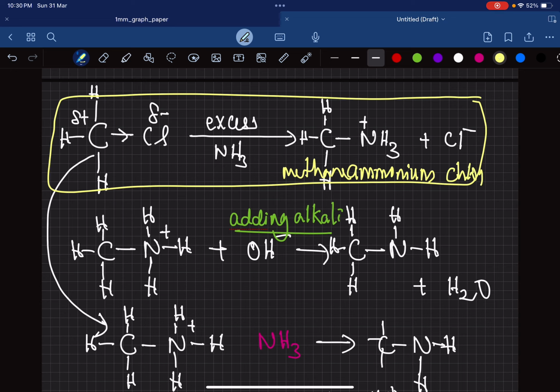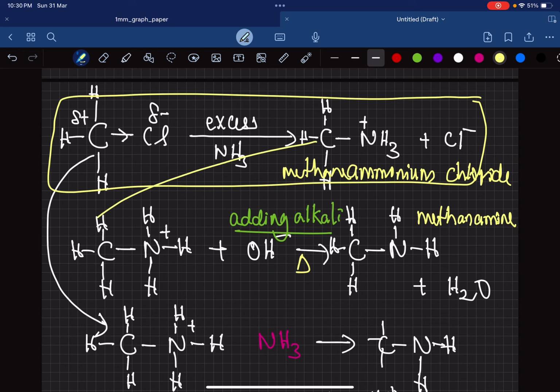You don't need to know the name. After you get the methane ammonium chloride, you can add alkali and then heat it up. You end up getting methanamine and water.